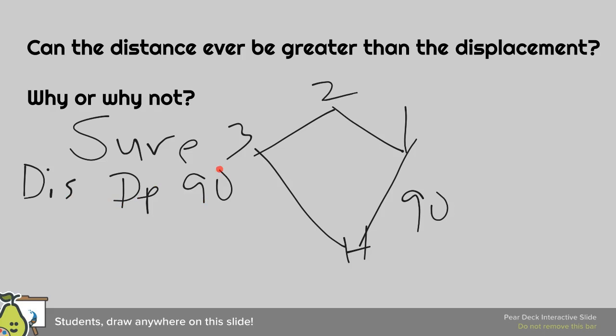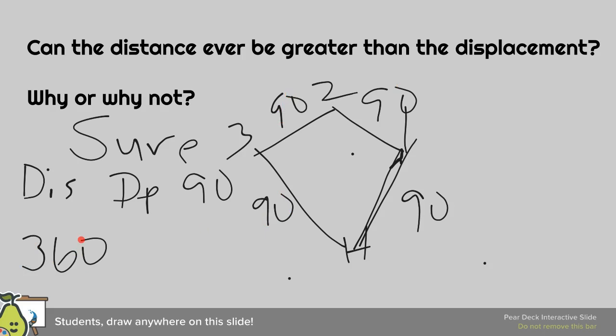They're both the same between home and first base. But my distance for a home run would be 90, 90, 90, and 90. So 9 times 4 is 360. But my displacement is 0 because I ended up where I started from.